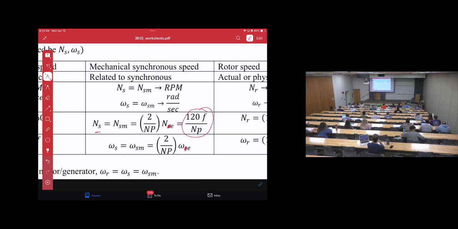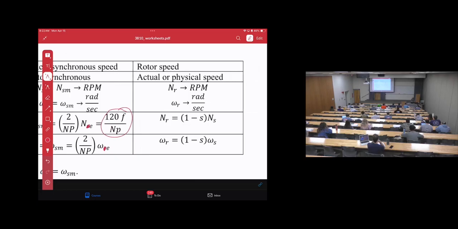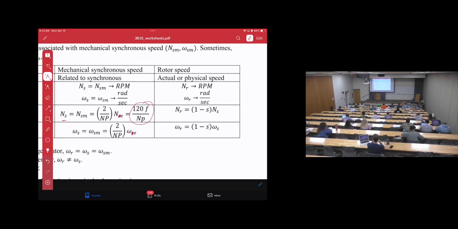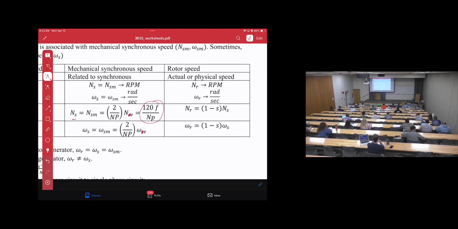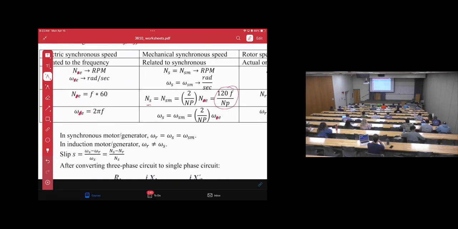Now, we have the third speed, which is the rotor speed, NR, omega R. NR equals 1 minus S times NS, omega R equals 1 minus S times omega S. So again, keep in mind, when we discussed the synchronous, we used to say omega R equals omega S. But in induction, they are no longer equal to each other. Okay? That's why we have the slip definition. Does this make sense?